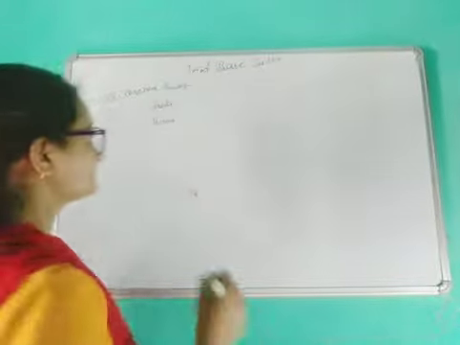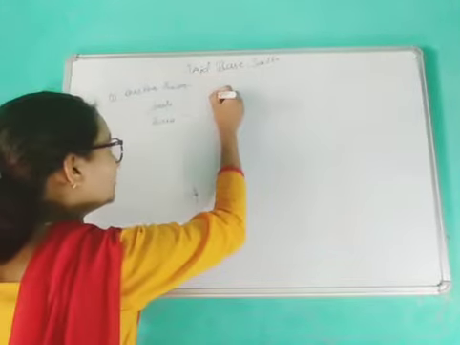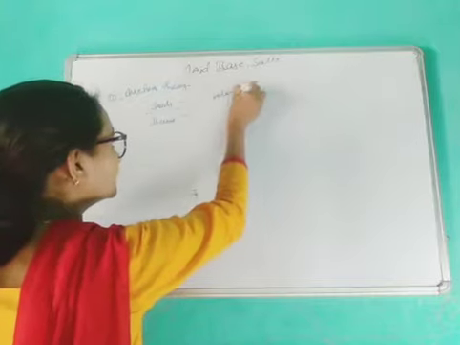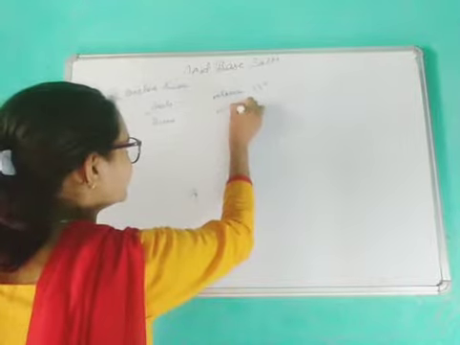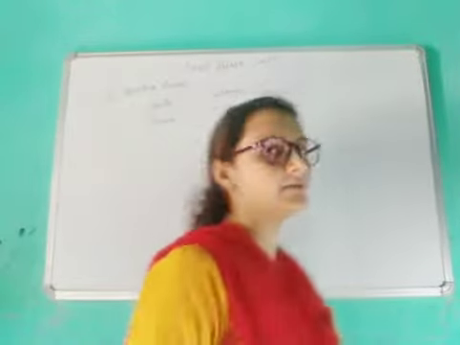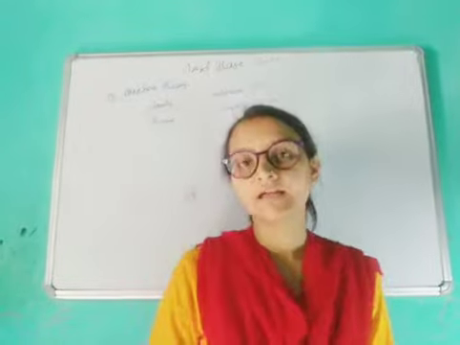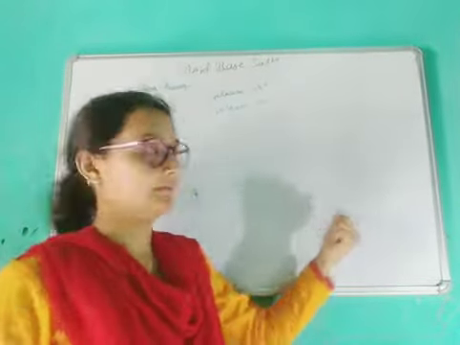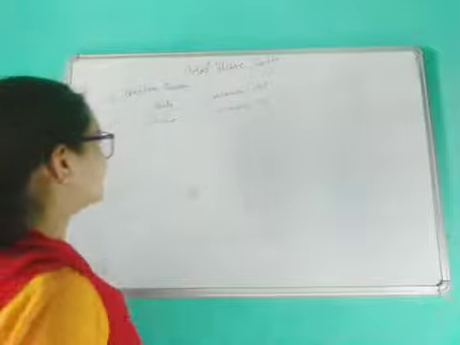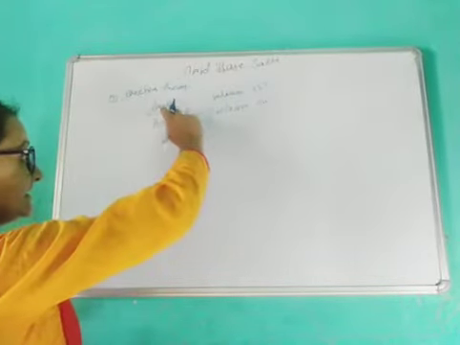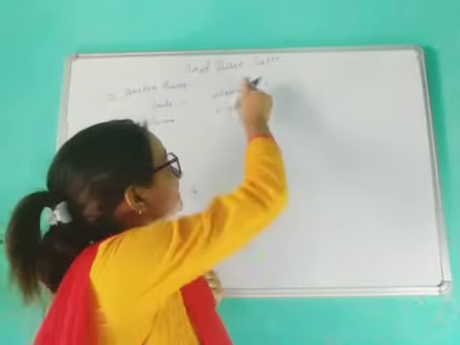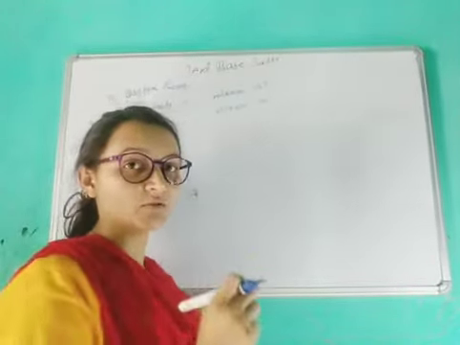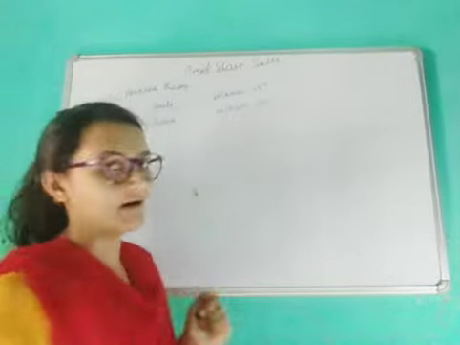About acids, he said that acids are those compounds which release H positive ions, and bases are those compounds which release OH negative ions on dissolving in water. So it is very easy to remember that according to Arrhenius theory, acids are those compounds which on dissolving in water will release H positive ion, and bases are those which give OH negative ions.